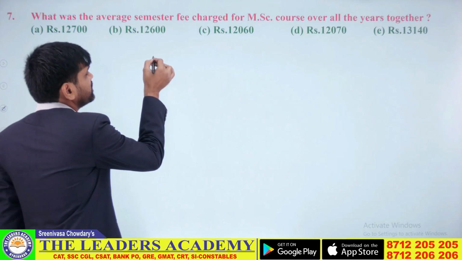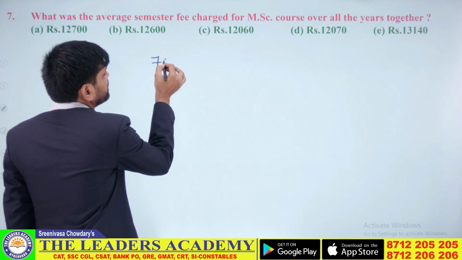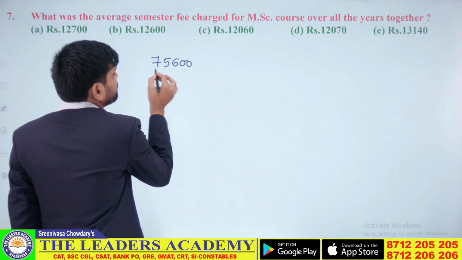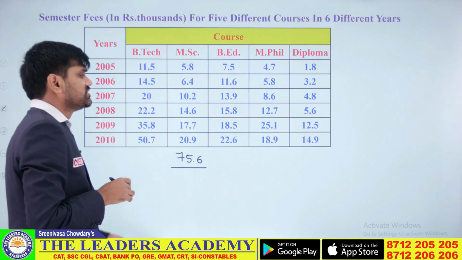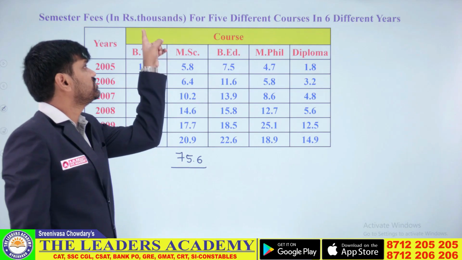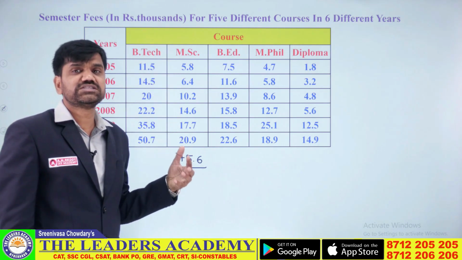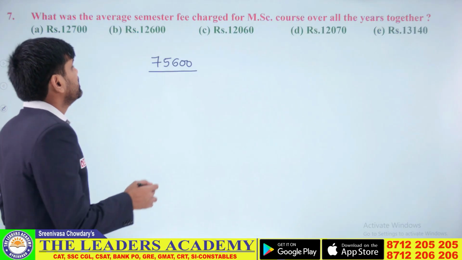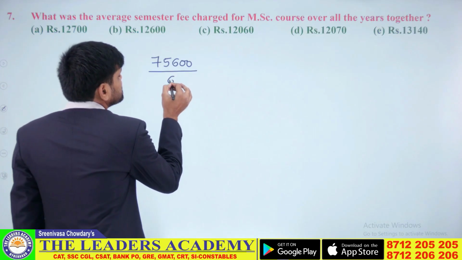So total semester fee charged for all the years put together is 75,600 for MSc, divided by, because 75.6 that is in thousands, no? That's why 75.6 thousands means 75,600, divided by number of years, how much? 6.